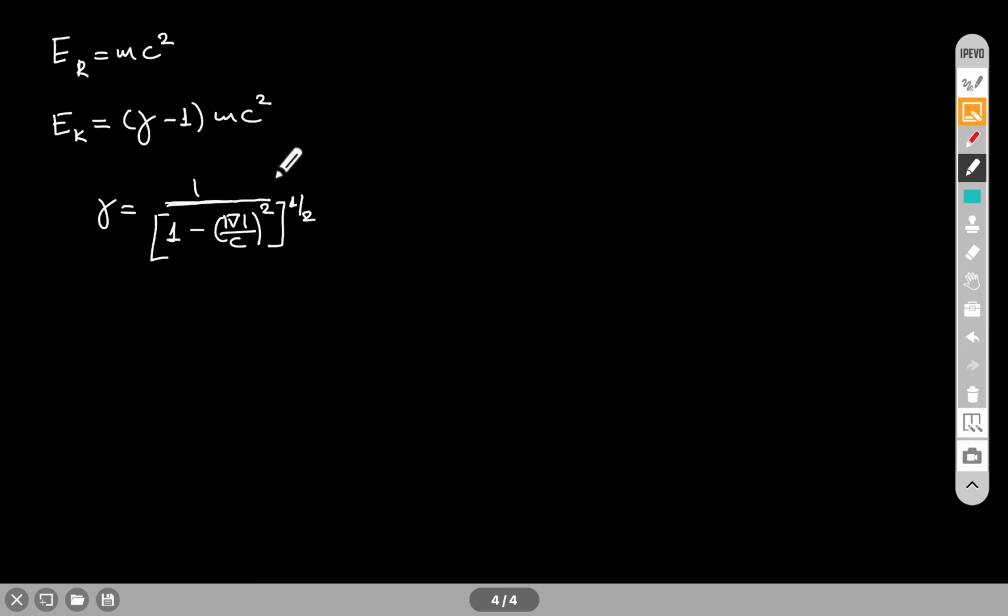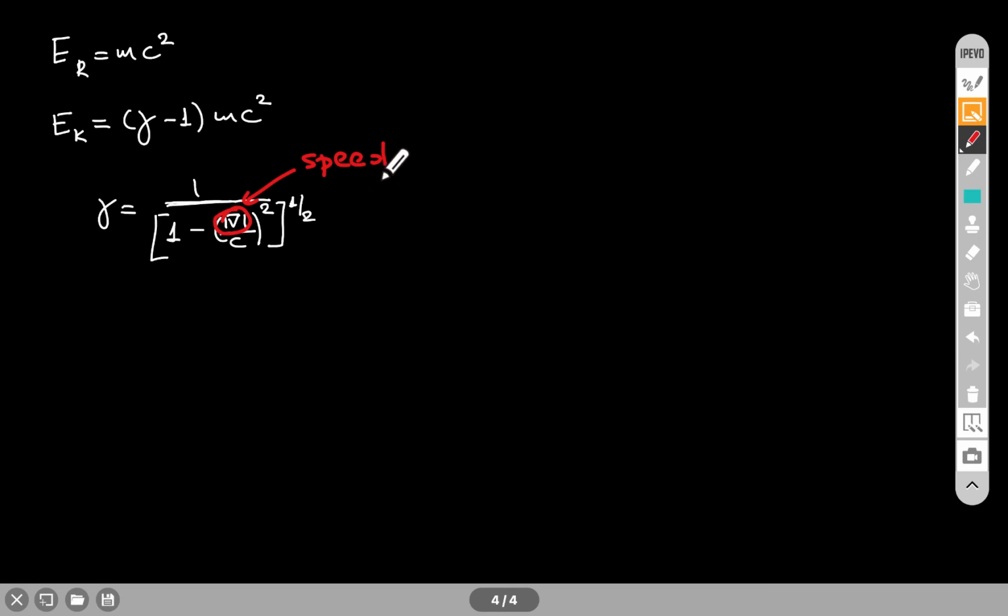Now, you will notice this expression includes the speed of the object. So the kinetic energy does depend on the speed of the object, but it depends on the speed essentially through the relativistic factor gamma.